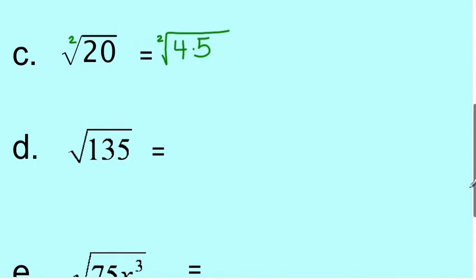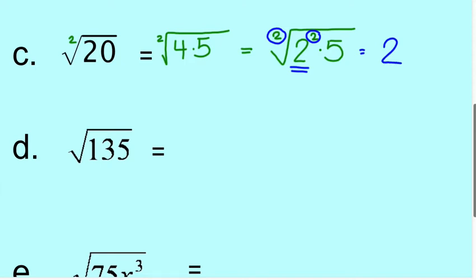So now I'm going to break apart 4 as 2 times 2, and then I have 5 left. So now my index and my power match up here. So that 2 is going to come out. And now, do I have a 5 squared? Nope. So that stays underneath as my leftover. So it's 2 square roots of 5.